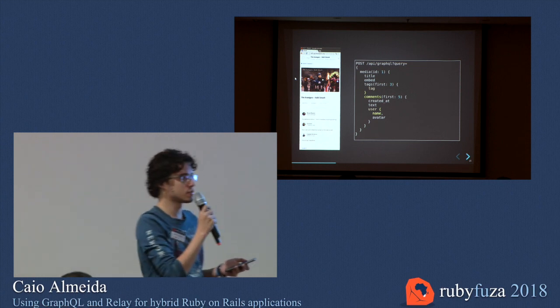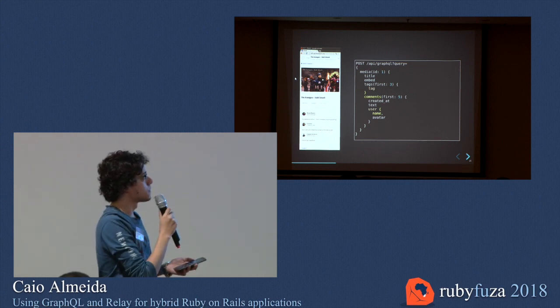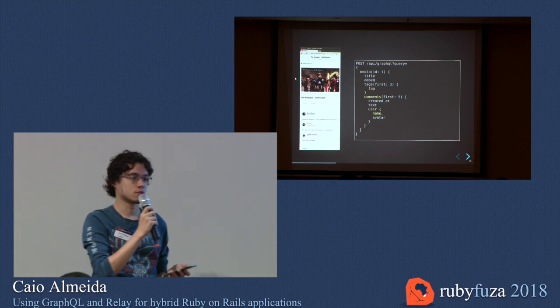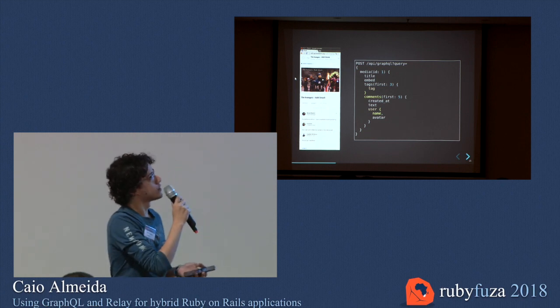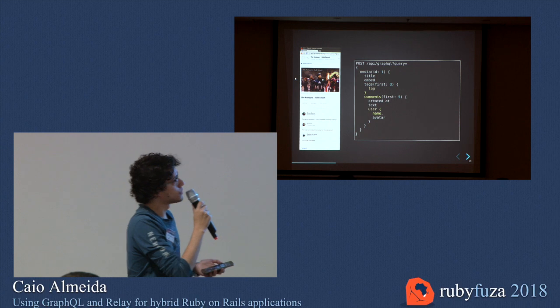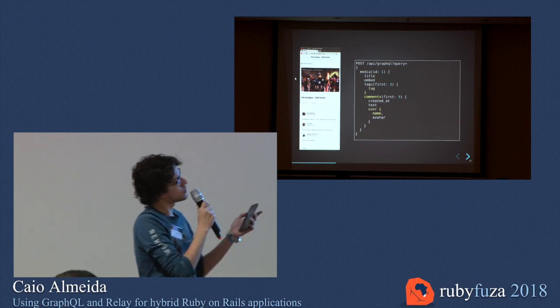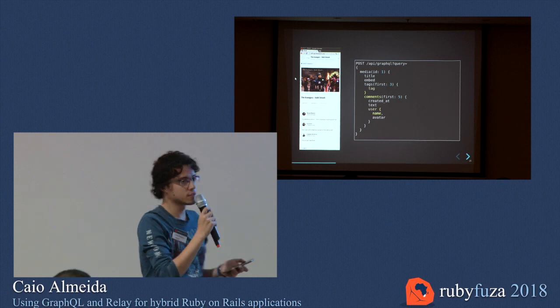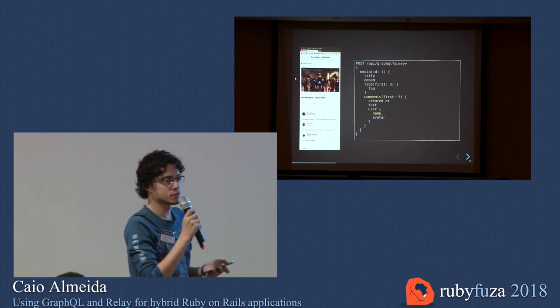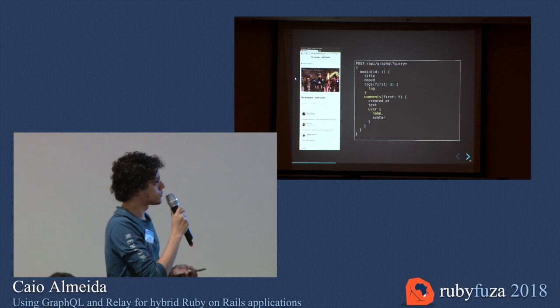It's not exactly JSON, it's its own syntax, but it's pretty straightforward to understand. So this query says that I'm asking for a media with ID 1 with some fields, and then I want some tags and comments of that media, and then I also specify which fields I want for each of them.